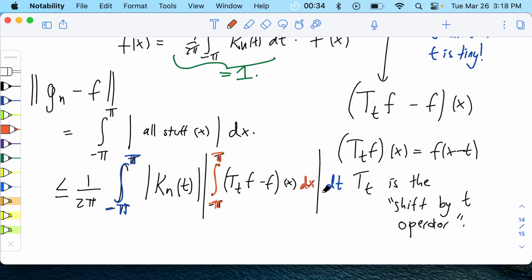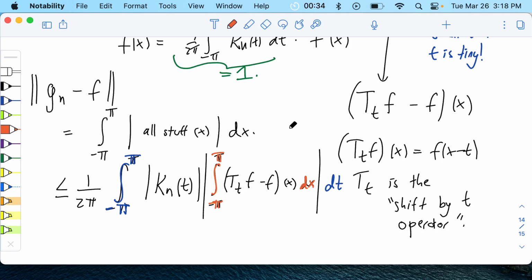Okay, and very technically speaking, if you want to justify these steps, sometimes you have to be a little bit careful about the order of the integrals and stuff. But when we're proving it's less than 0 in absolute value, it's going to work out. So I'm sort of skipping some very technical steps about the order of integrals and stuff like that. But they're all fine. This is the kind of thing I want to do.